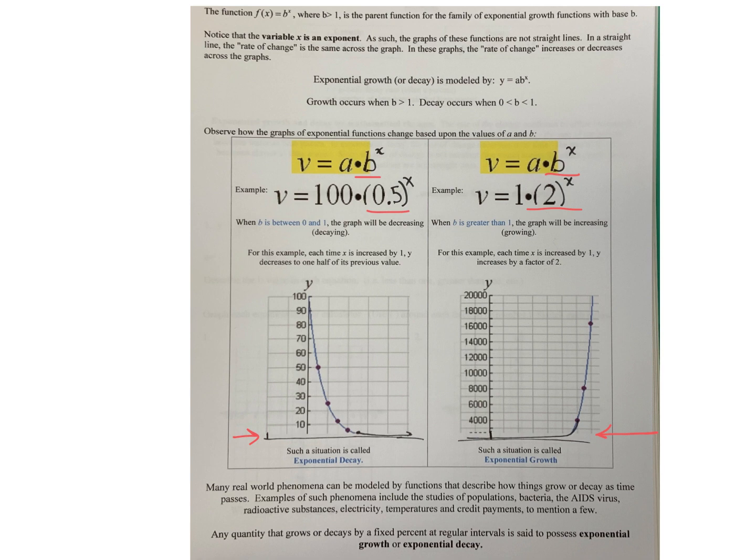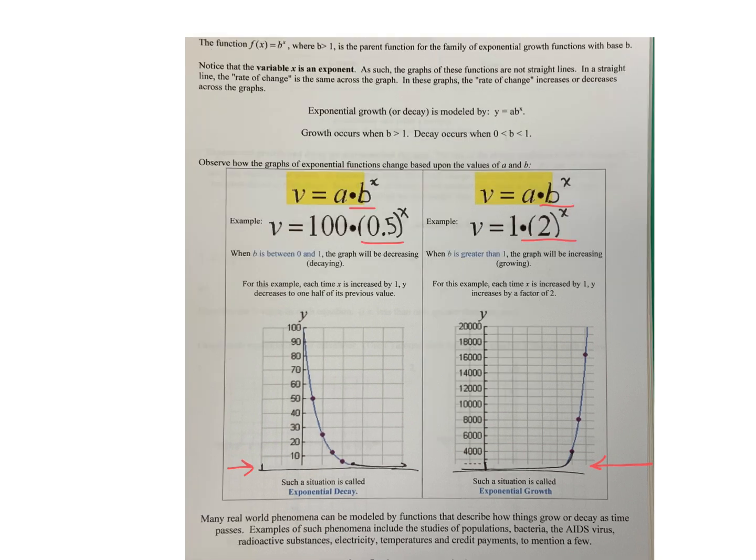Okay, so the function f of x equals b to the x, where b is greater than 0, or greater than 1, is the parent function for the exponential model, where b is known as my base.